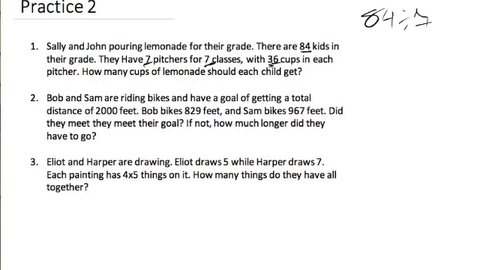So if you know your math facts, 7 times what equals 84? 7 times 12. So that's our answer, 12, for our first step. So there are 12 kids in each class. And since there's 36 cups in each class, 36 divided by 12 equals 3 cups for every kid.